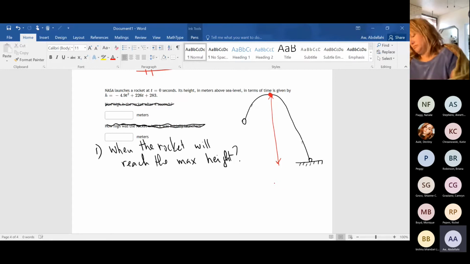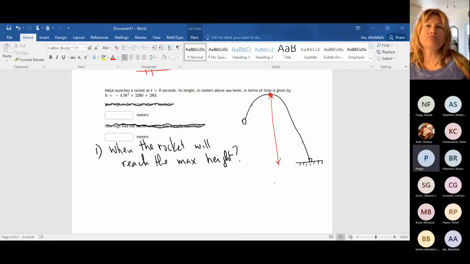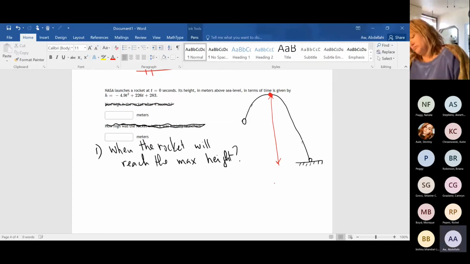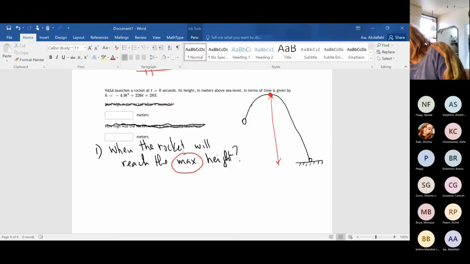What is the key word? Max height. Max, exactly. Thank you very much. Every time in the context of a parabola, every time I see the word maximum or the word minimum, the answer lies in the vertex.